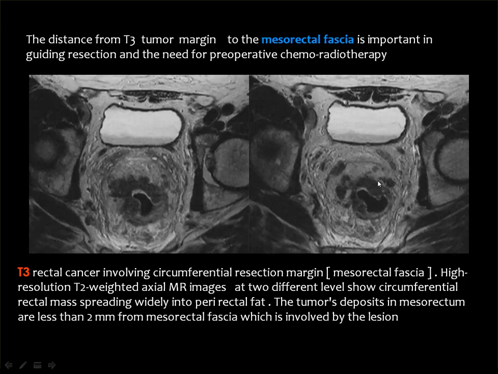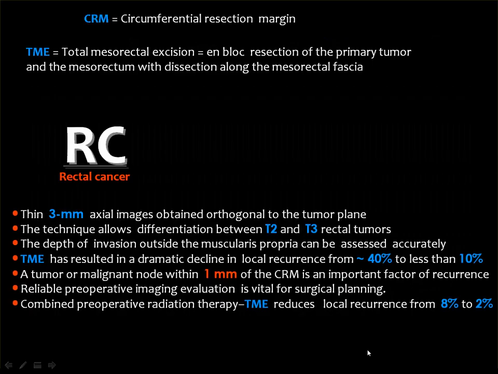Then if the tumor has invaded the mesorectal fascia, you consider a T3 tumor, as I will explain. This is how to measure the distance from the tumor to the mesorectal fascia. In this particular case, you do not need to measure the distance because the mesorectal fascia is already involved.